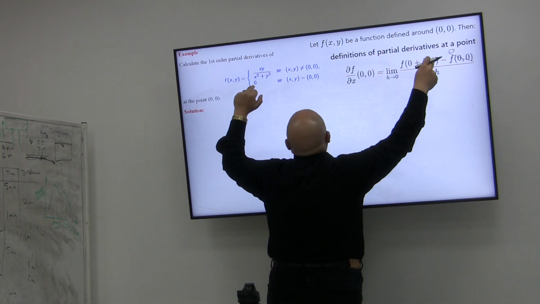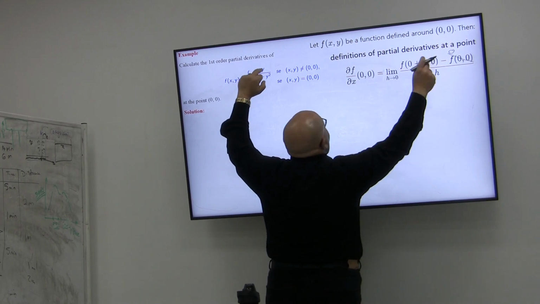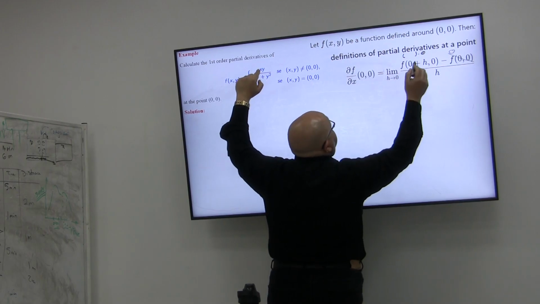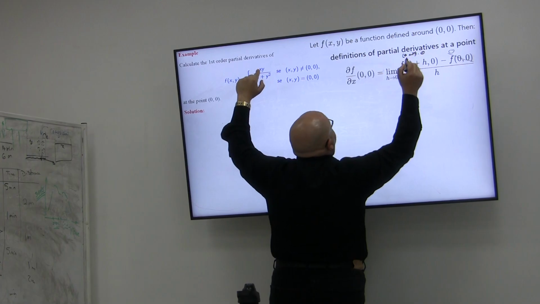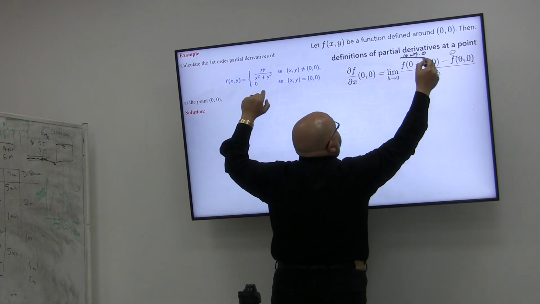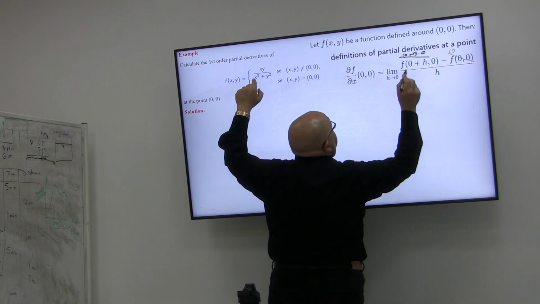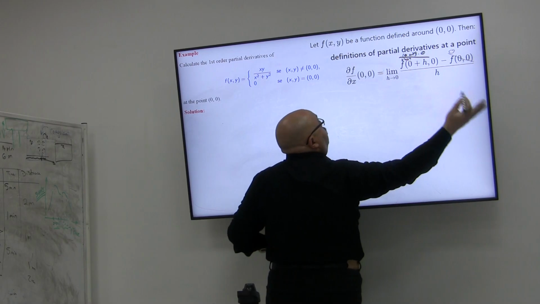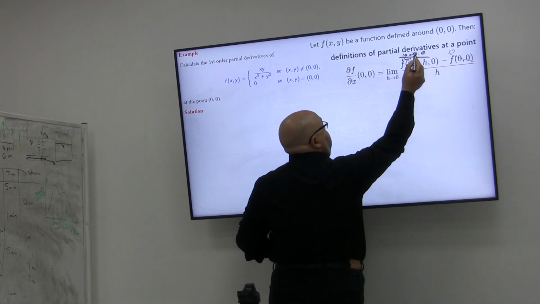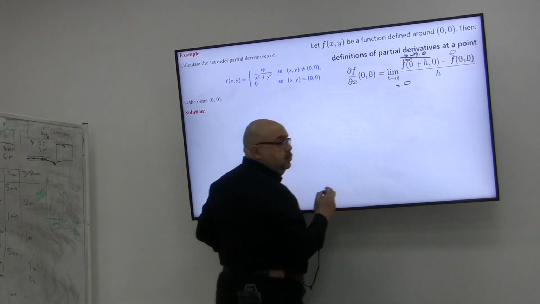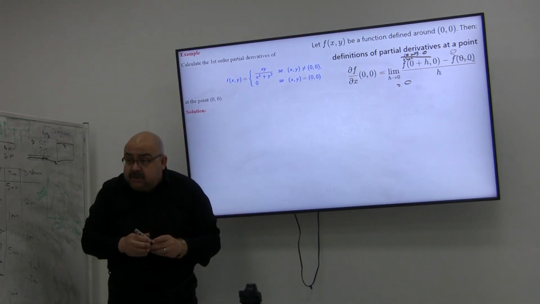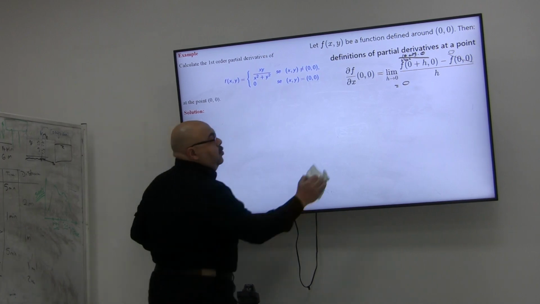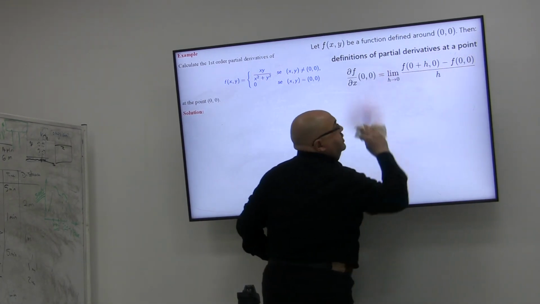For f of 0 plus h and 0, I replace y by 0 and x by h, all divided by h square plus 0 square. But before we go further, this is 0 times something, so the value of the limit is equal to 0. I'm making the substitution, but since you have 0 in the numerator, the value will equal 0. You will see it in the coming step.